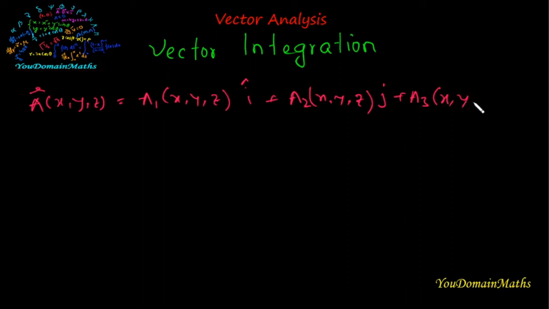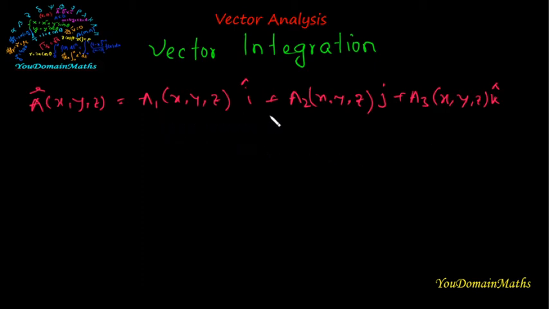Where a1, a2 and a3 are functions of x, y and z, what does it represent?